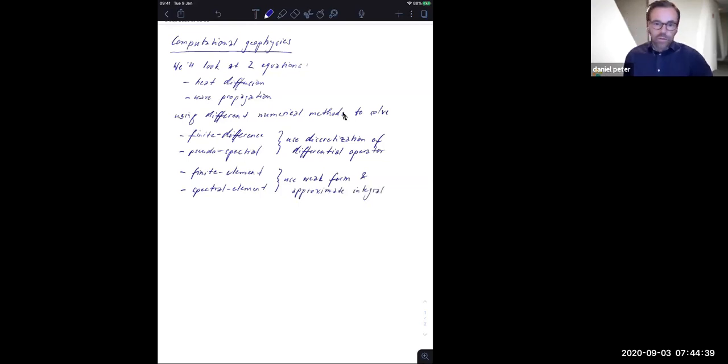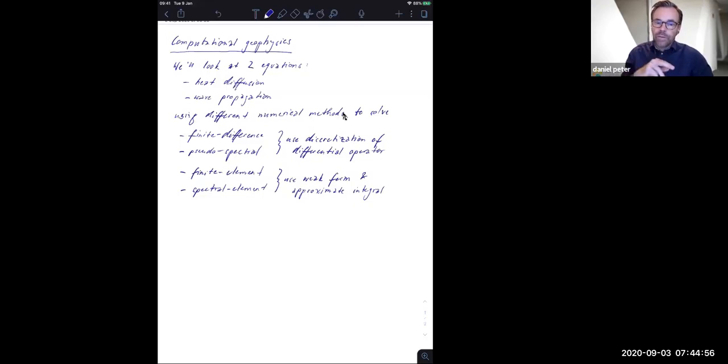So it's not directly an approximation of the differential operator anymore, but of the integrals that we will encounter in these weak forms. That's the main difference between these methods.